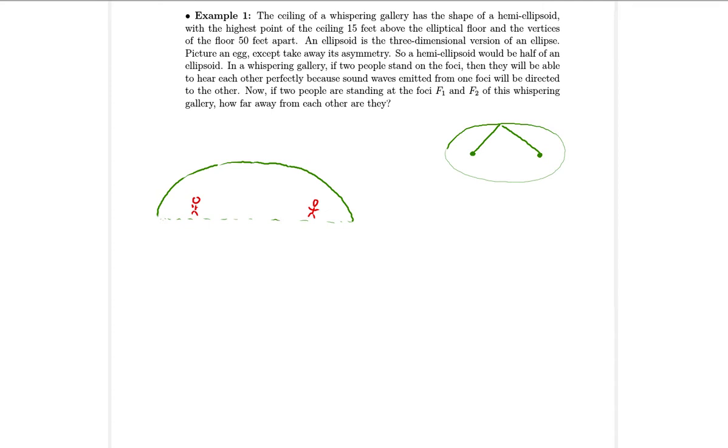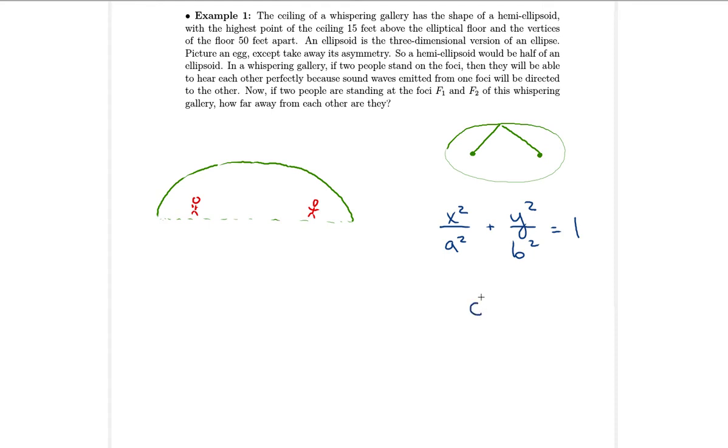So what are we going for? We're going for an equation that looks like this anytime we're talking about an ellipse. And then we need to remember the relationship between this A, this B, and the foci.